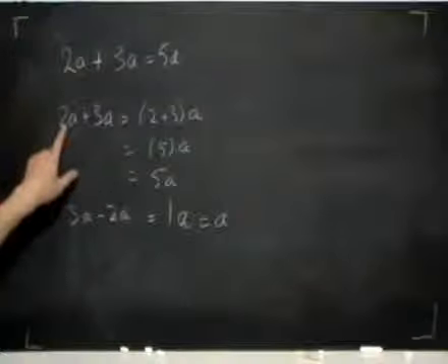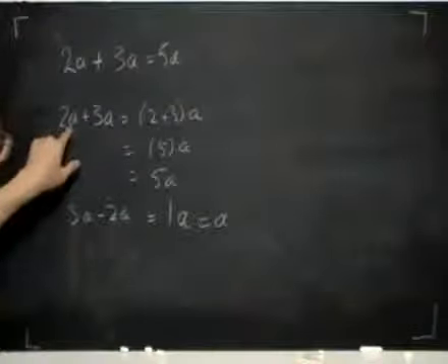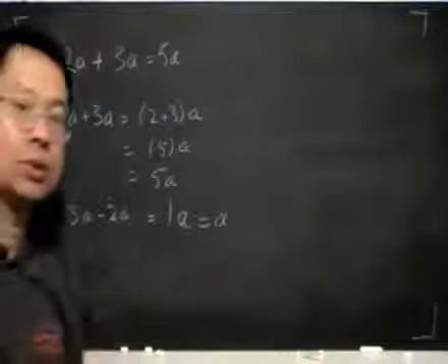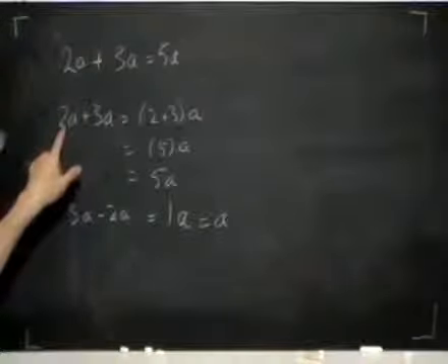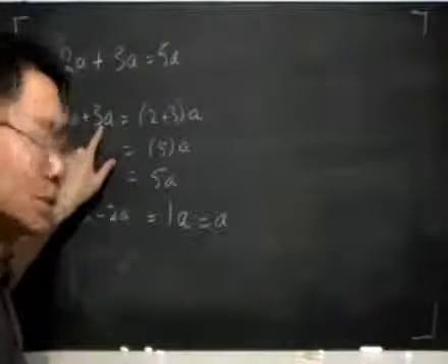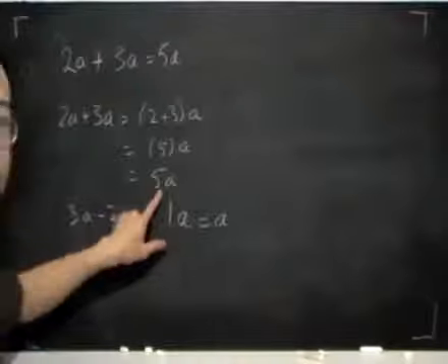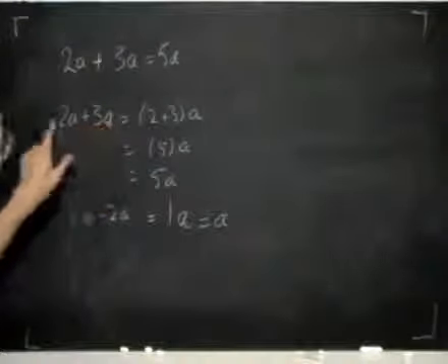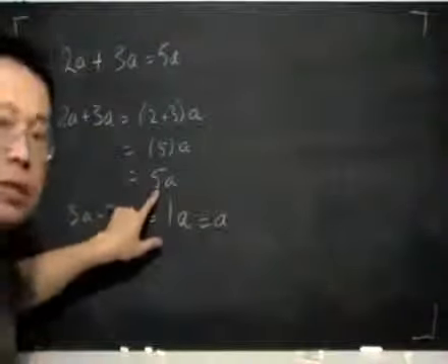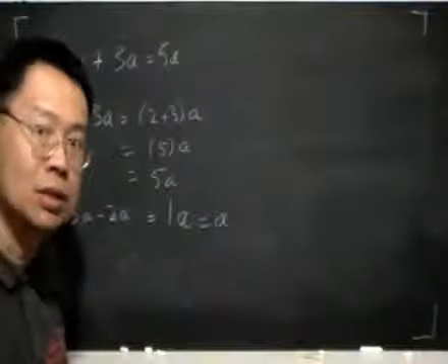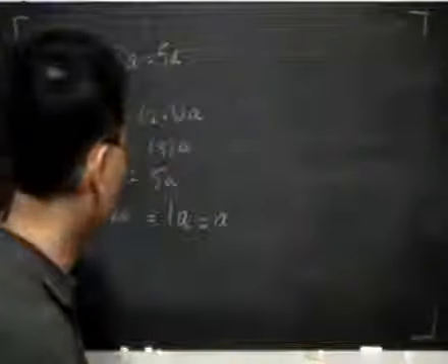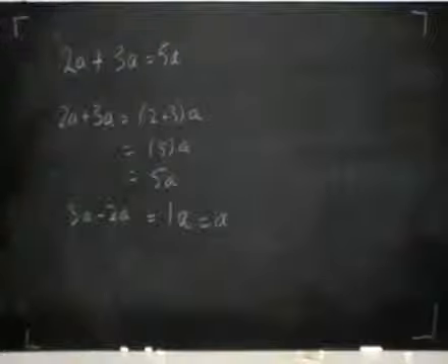Or in the previous example, where you have 2a plus 3a, you can just add the 2 and 3 to get 5, and you get 5a. So that makes things easier.